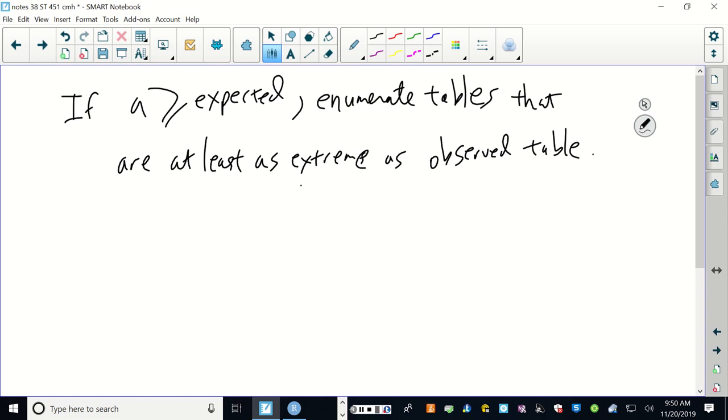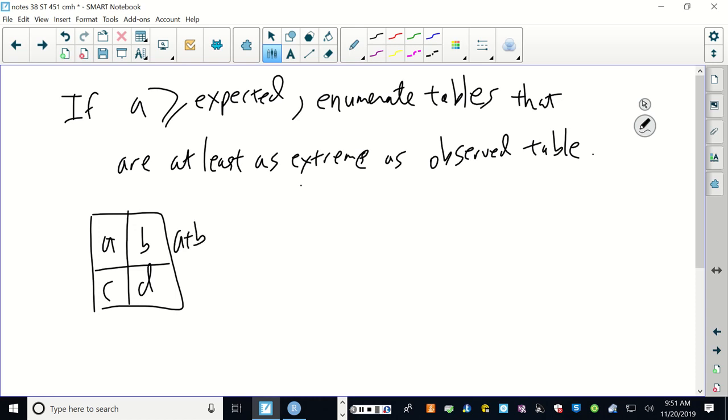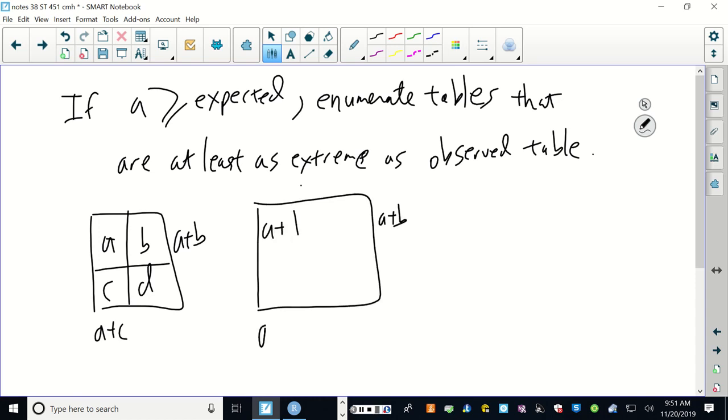What do I mean by that? If we have A, B, C, and D here, with these fixed margins, we can consider a table that's going to be farther away from the expected value by making A bigger. So the next table in line, we put A plus 1, but we keep the margins fixed.